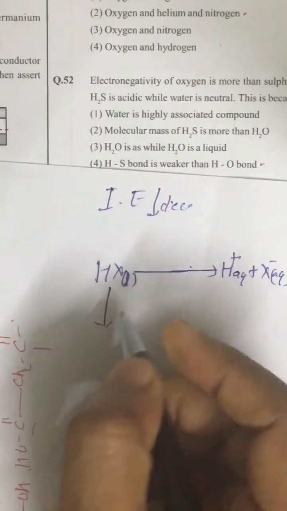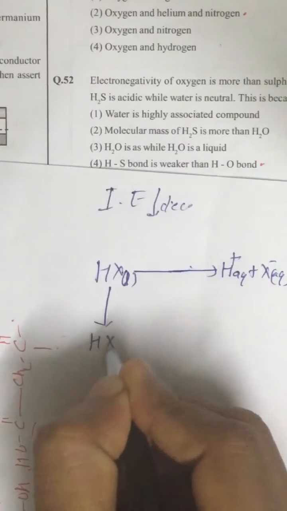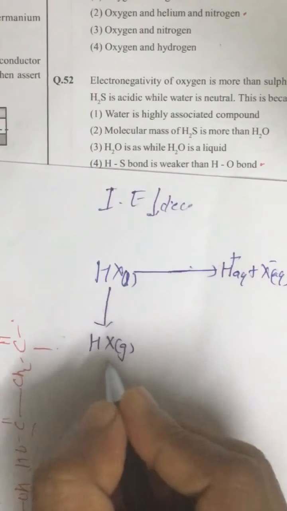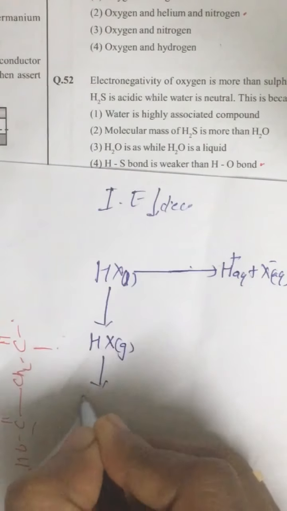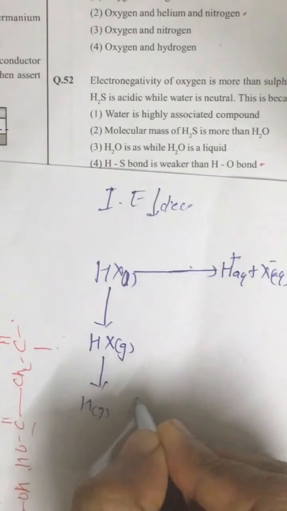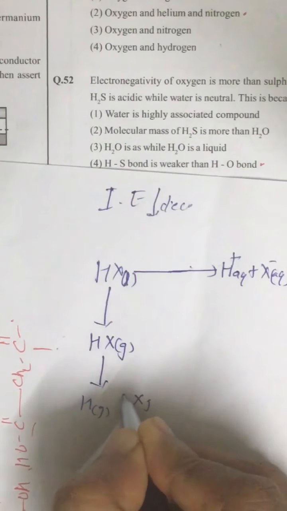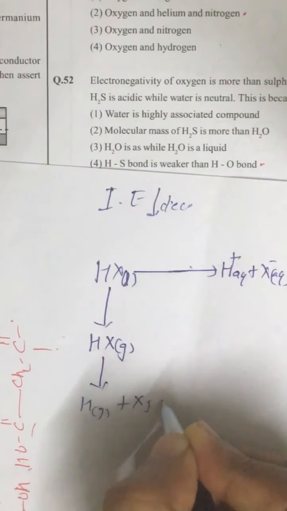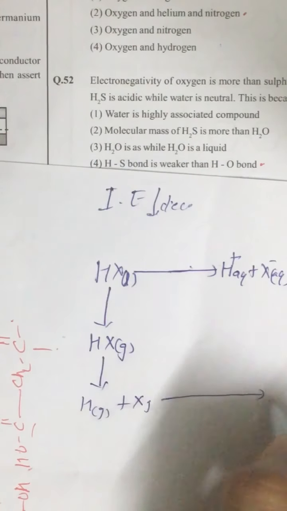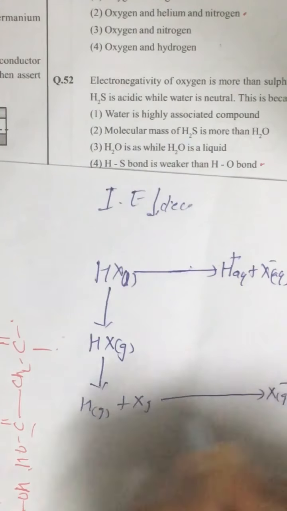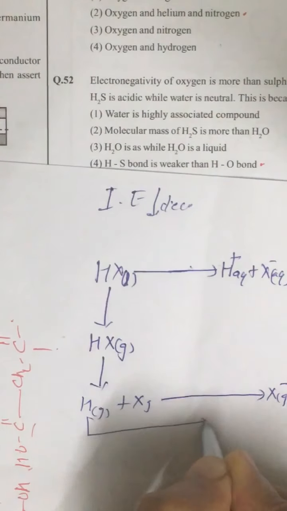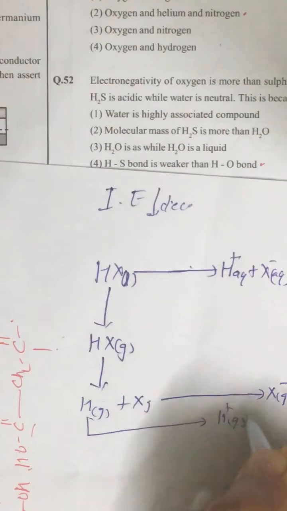If HX is in liquid state, first it is converted to gaseous state and then to H gaseous and X gaseous. Then finally X is converted to X- gaseous and H is converted to H+ gaseous.